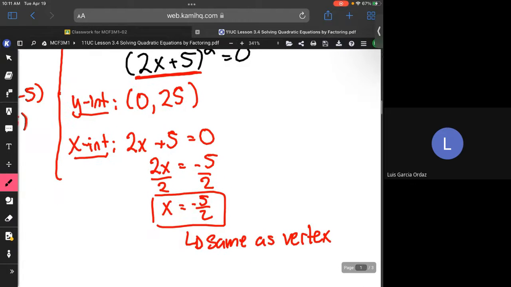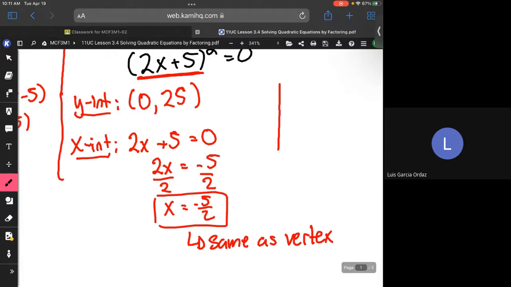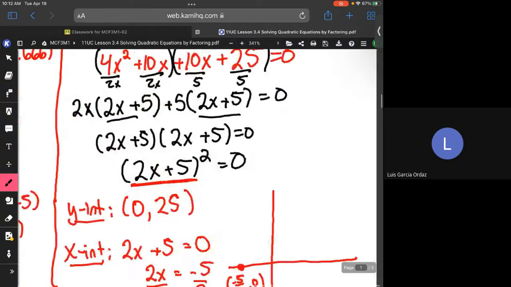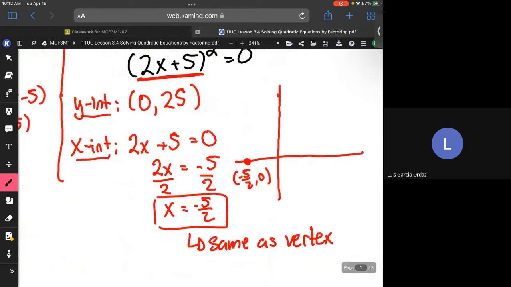So when you graph this out, you have negative 2.5 over here, and my y-intercept is 25. When I'm drawing my graph, what happens at that x-intercept is my graph's just going to bounce off.